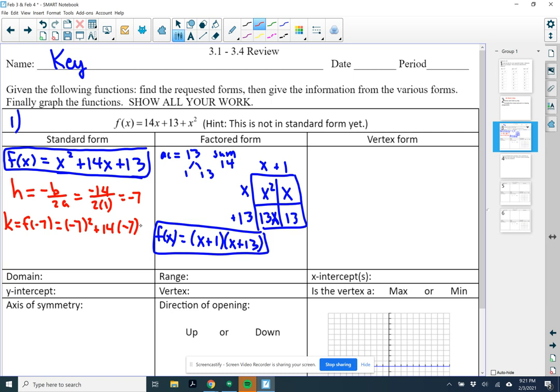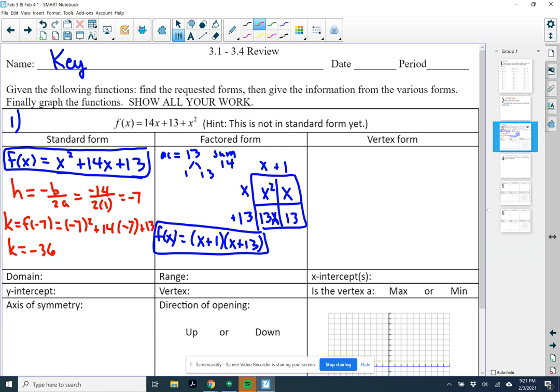Go ahead and do that calculation. Plus 13. Okay, that's going to get me a k value of 49, take away 98, which is negative 49, plus 13 is negative 36. All right, so my vertex is negative 7, negative 36.